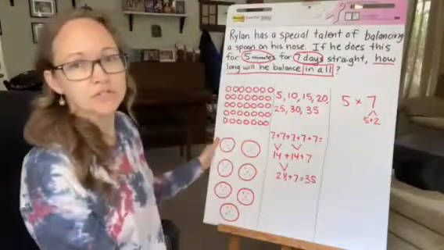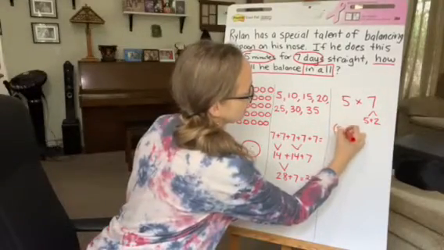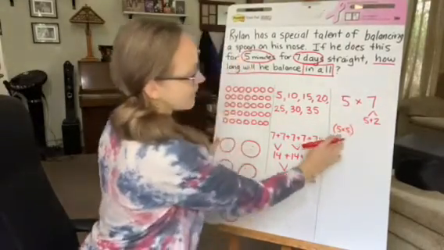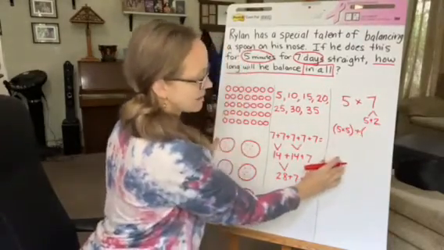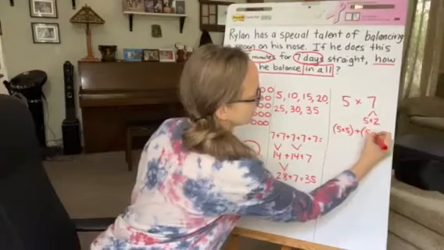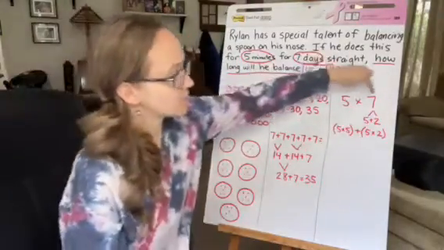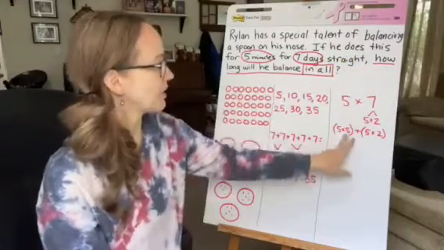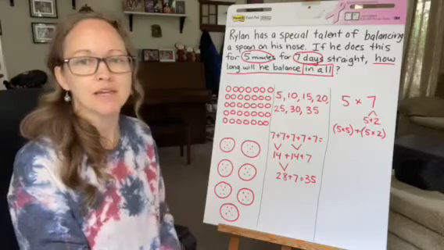And now our 2 new multiplication problems are 5 times 5 plus 5 times 2. We don't see the 7 anymore, but that's okay because 5 plus 2 equals 7. So it means the same thing.